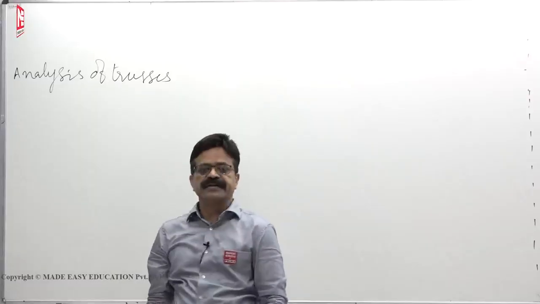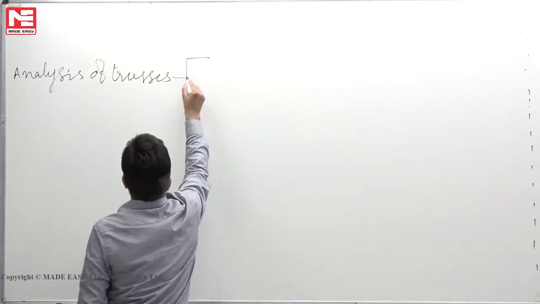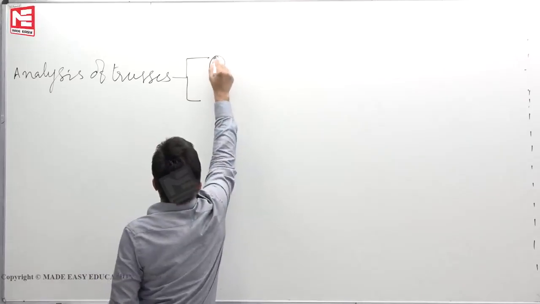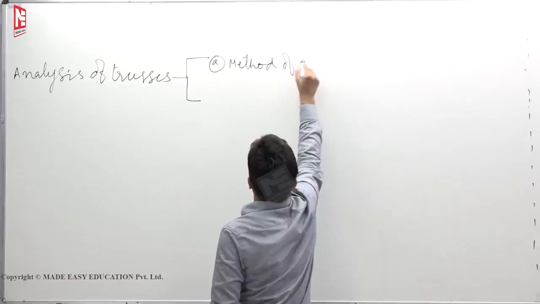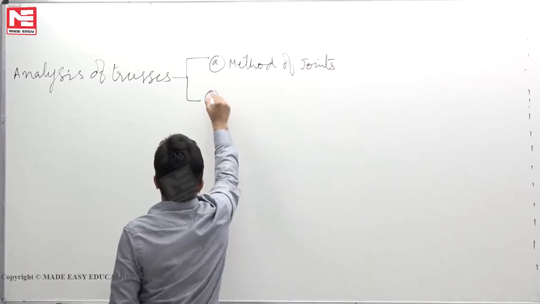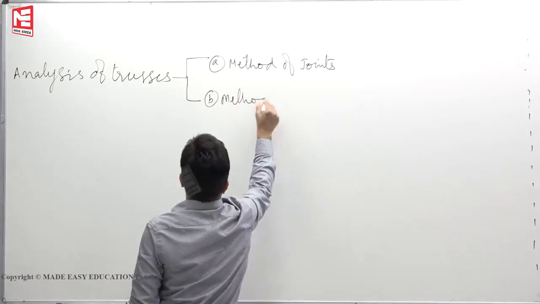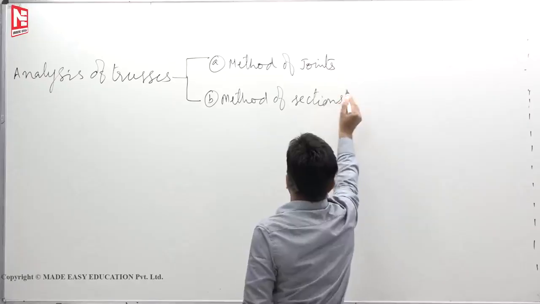Okay, now we will see the analysis of trusses. We have two methods to analyze them: method of joints and method of sections.